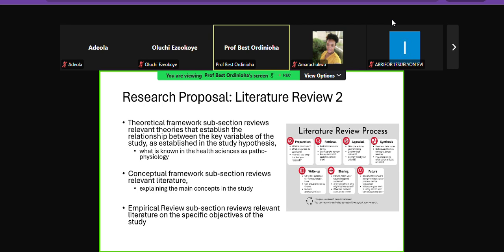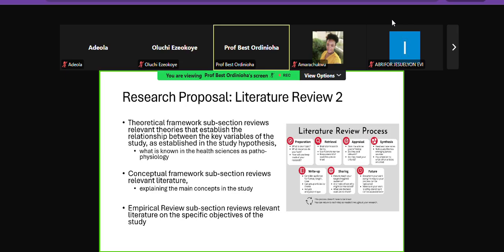Okay, the conceptual framework is almost like all the concepts involved. It's almost like writing a textbook or lecture notes. Some people will even add the history of the whole thing.